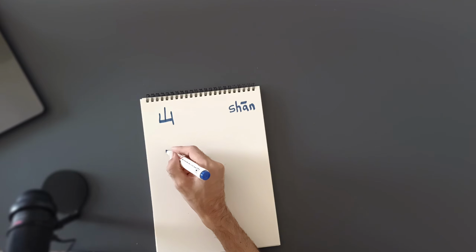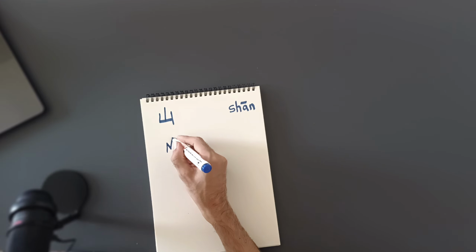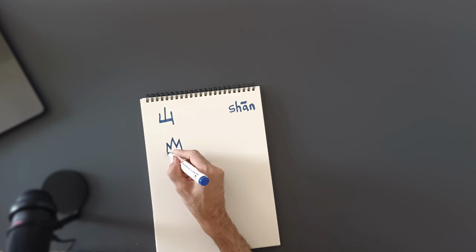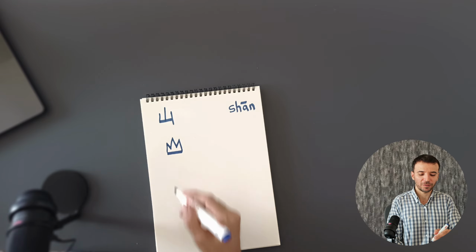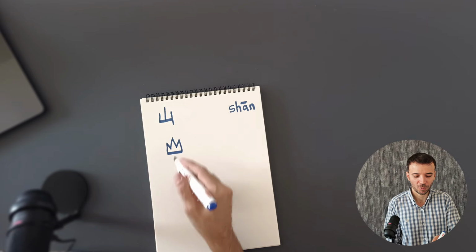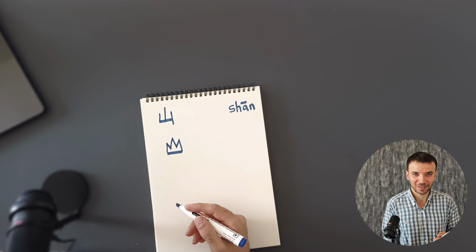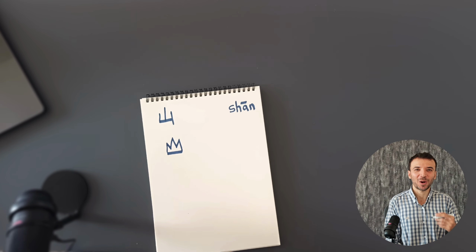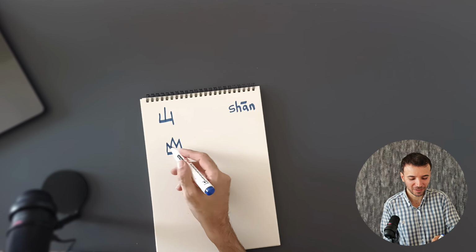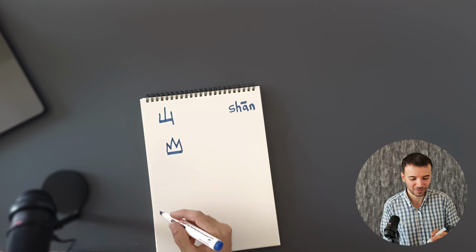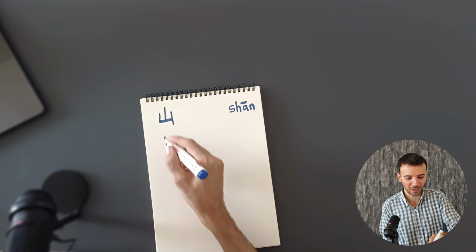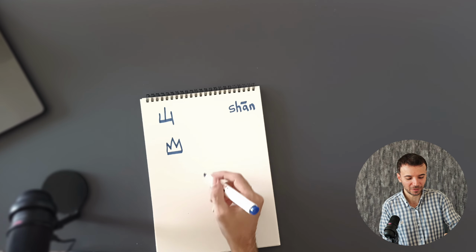Shān. Okay, if I draw this, if this thing was really big, what would it be? Okay, you might have guessed it right. This means mountain. Shān means mountain, and the earliest version kind of looked like this, and over time it became a bit simpler like this.